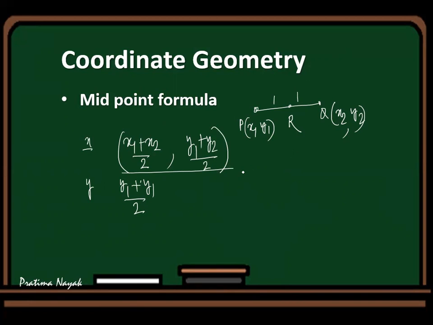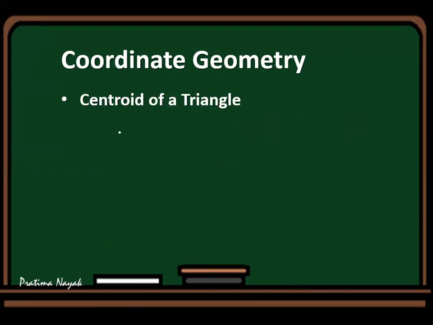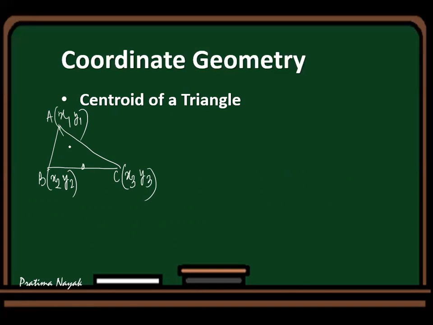Now centroid of a triangle. From the midpoint concept we can write this. If A has coordinates x1, y1, B has x2, y2, and C has the coordinate x3, y3, then the centroid is the intersection point of the medians, and it divides each median in the ratio 2:1.